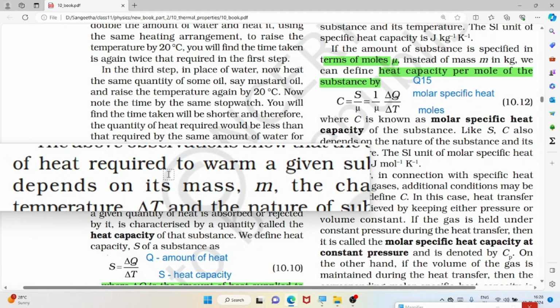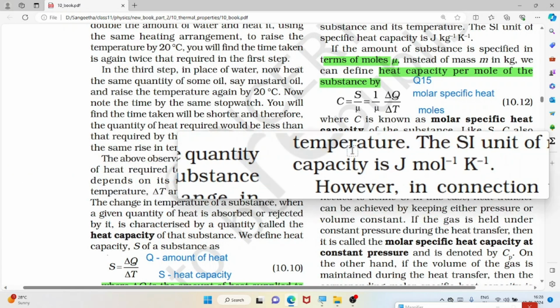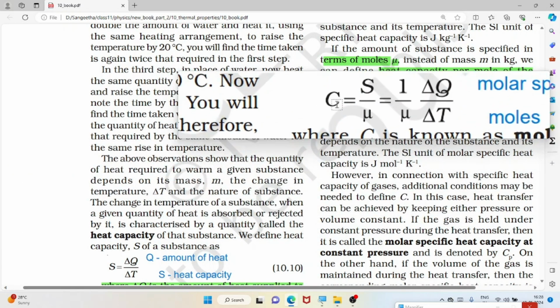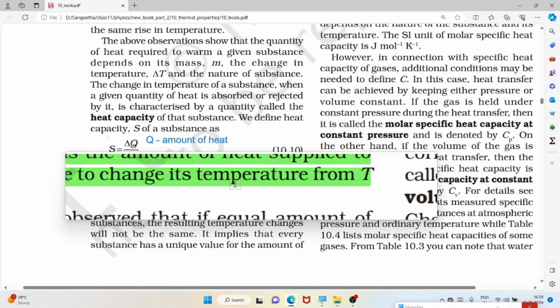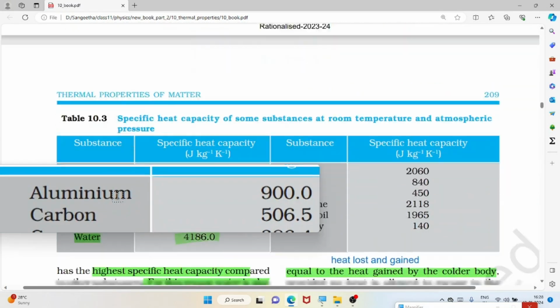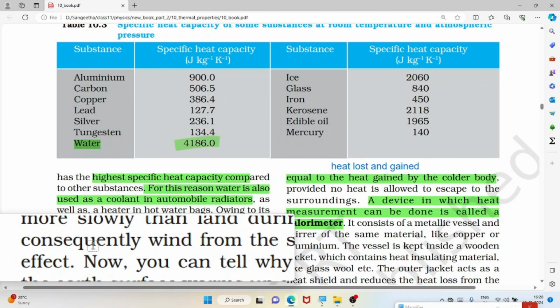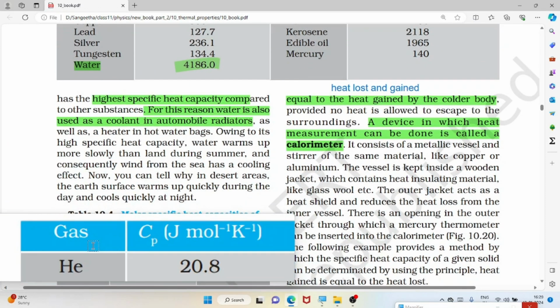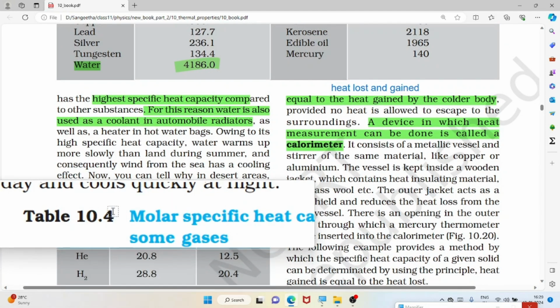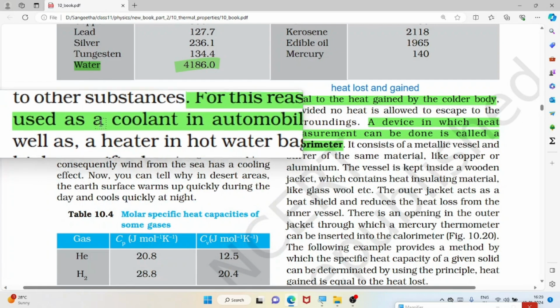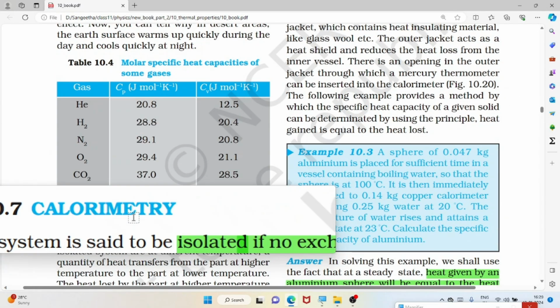Here, molar specific heat is used as the number of moles is given instead of mass. Water has the highest specific heat capacity. For this reason, water is also used as a coolant in automobile radiators.